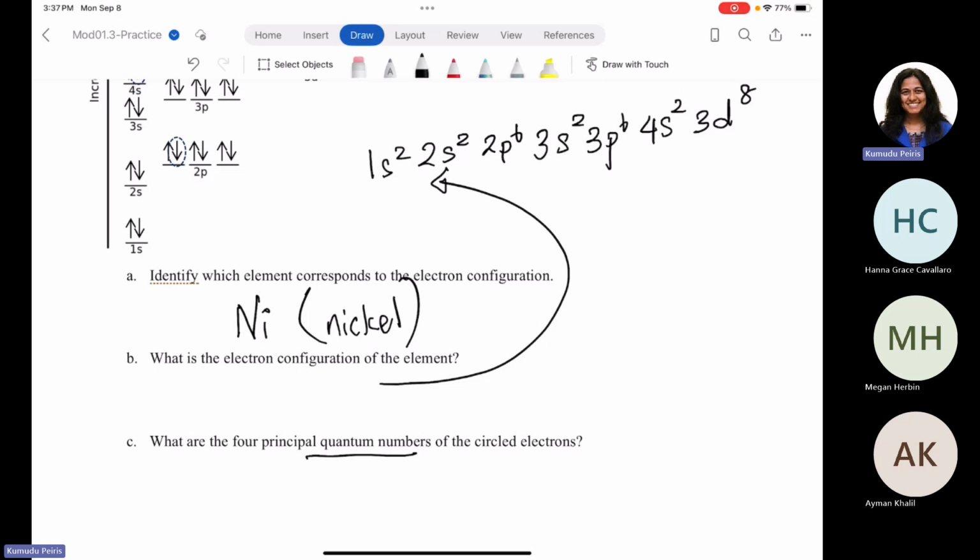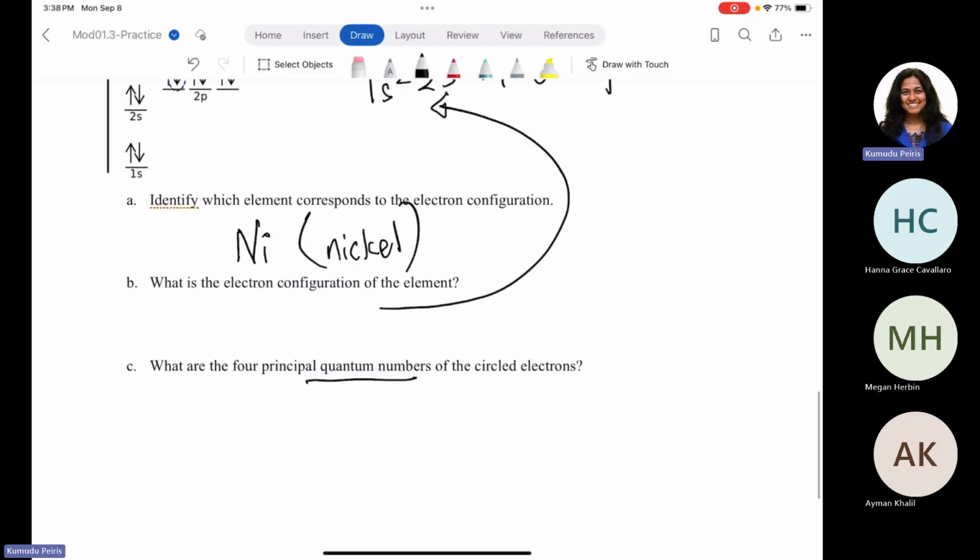That's the same reason we use quantum numbers, to try to locate the electron. I just wanted to give you a basic introduction on why we use these quantum numbers.